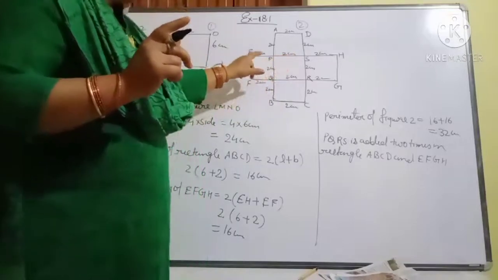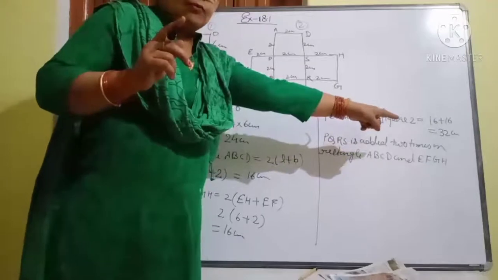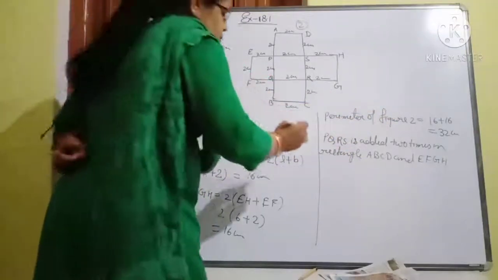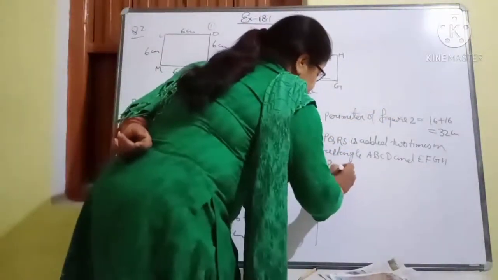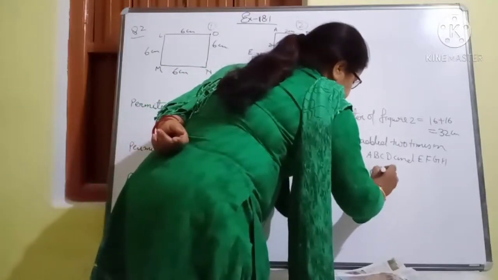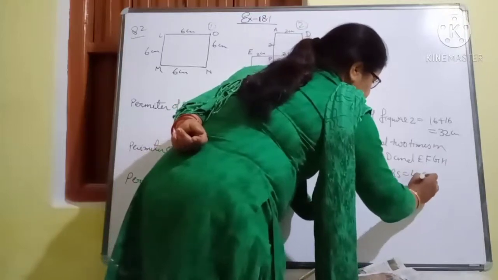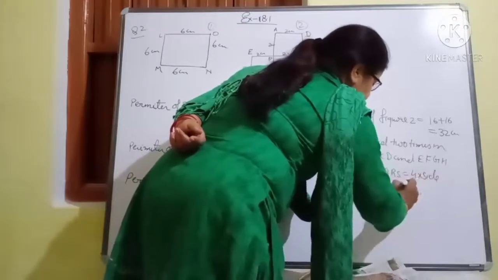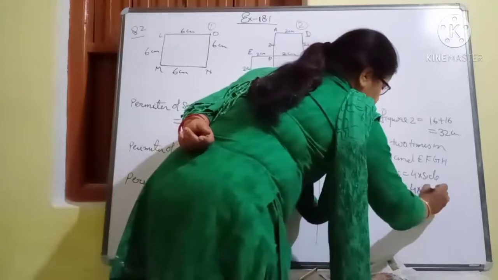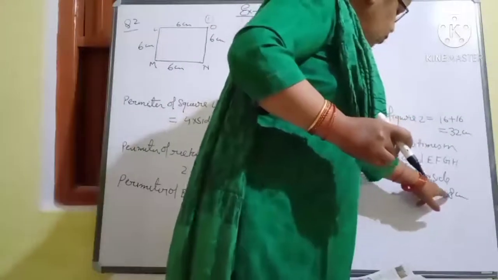So its perimeter you have to subtract from the given perimeter. So what you will do, perimeter of PQRS is equal to 4 into side, 4 into 2, is equal to 8 centimeter.